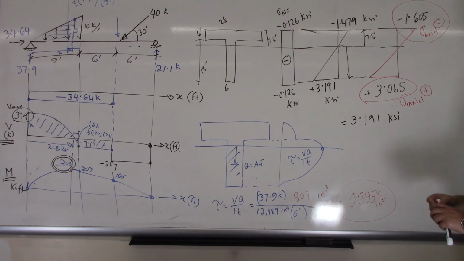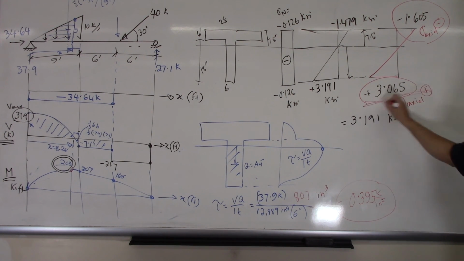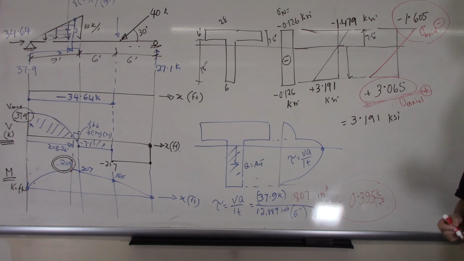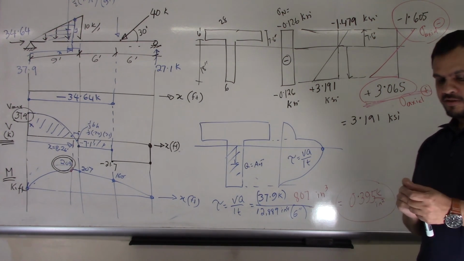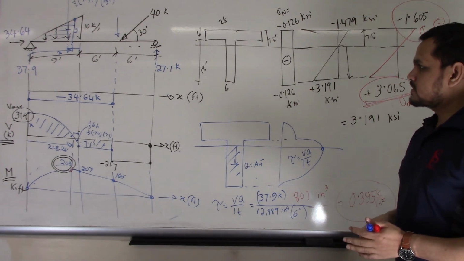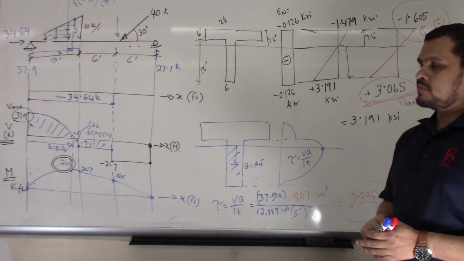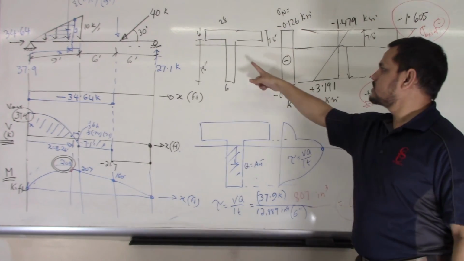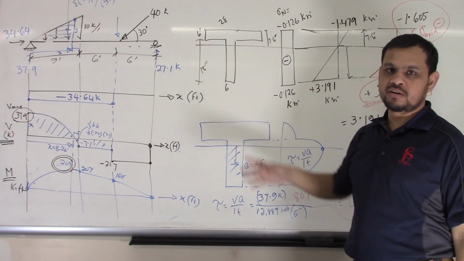So what is the final answer? Maximum axial stress 3.065 ksi, maximum shear stress 0.395 ksi. So hopefully you understood how to find maximum shear stress and maximum axial stress in a non-symmetric beam section.